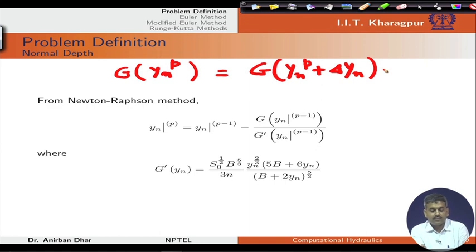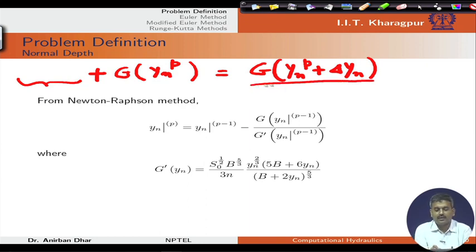Now, in this case there will be another term, that is the first order derivative term, because we are expanding this term with Taylor series.